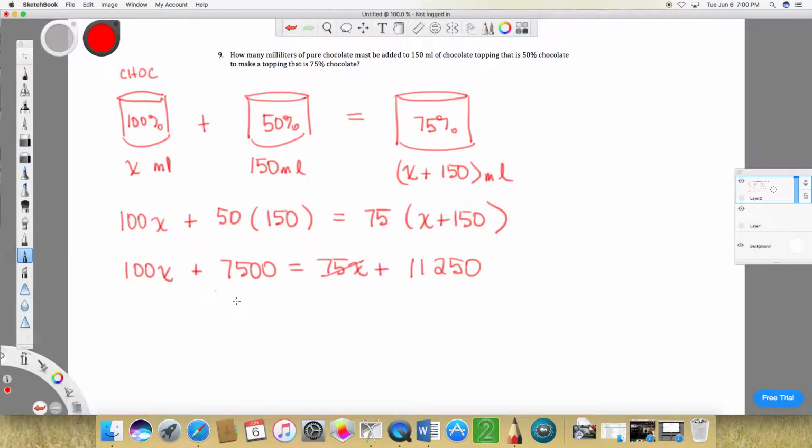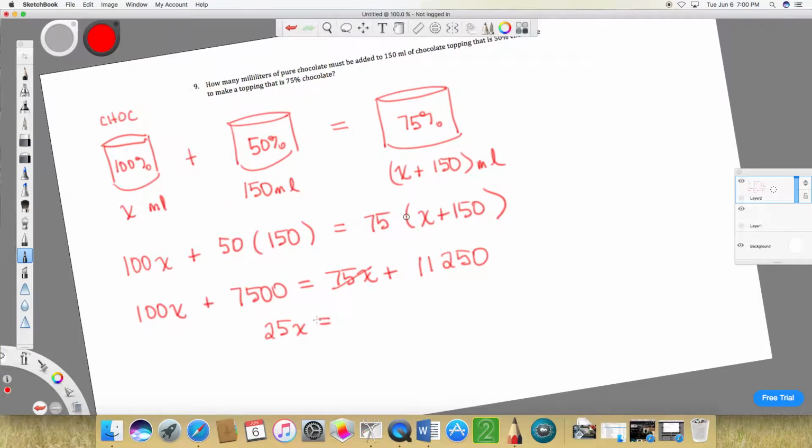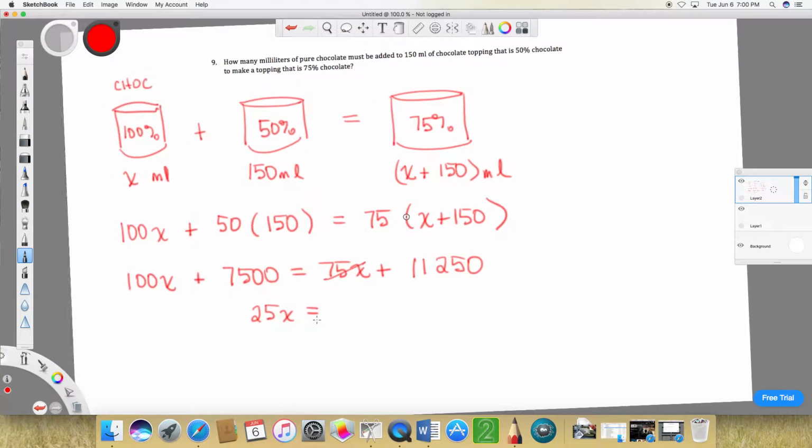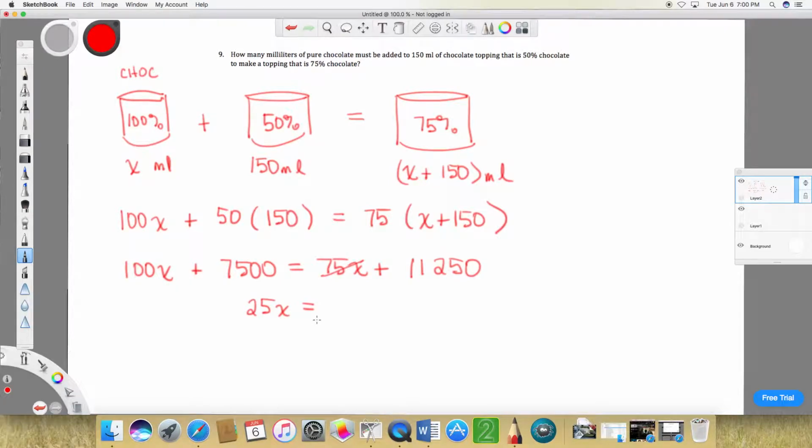If I take away 75x from each side, I'll have 25x, and if I take away 7,500, I'll have 3,750. Let's divide that by 25. x is 150.